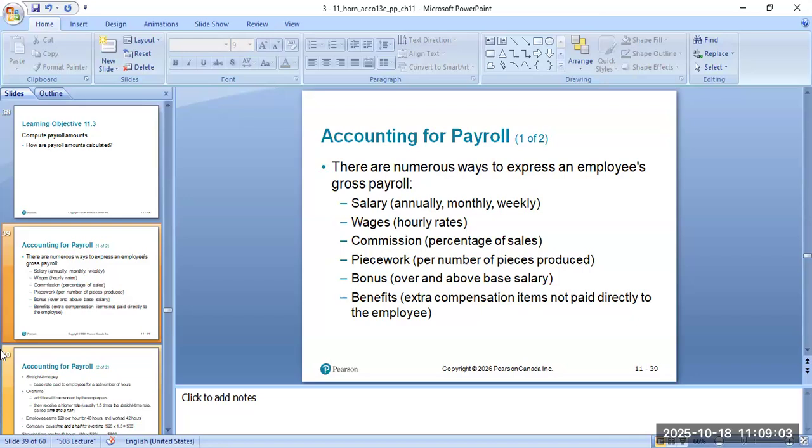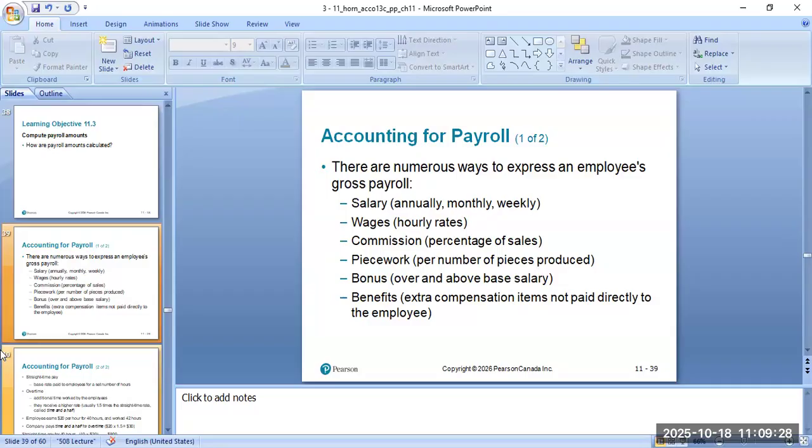Commission means you're getting a percentage of sales. Piecework means you're paid by the piece of production. Bonus can be a start bonus, a Christmas bonus, an overall bonus, different bonuses, but it's above the base salary. And benefits are the extra compensation which is not directly paid.